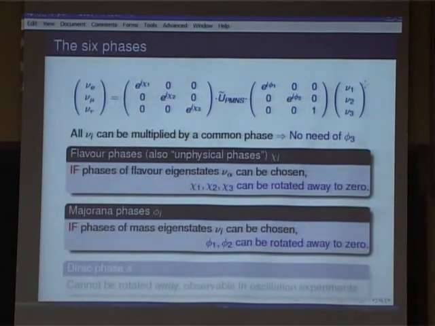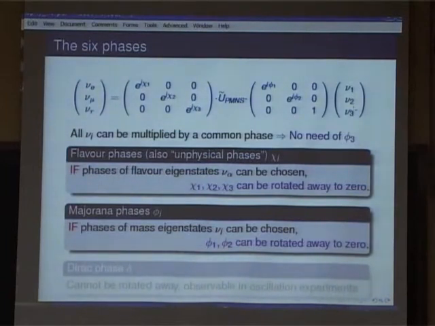Again, if I guarantee you that I can change the phases of nu1, nu2 and nu3 independently, if I am allowed to do that, then yes, I can absorb them into nu1, nu2, nu3 and therefore put phi1 and phi2 to 0. So my expression becomes simple.